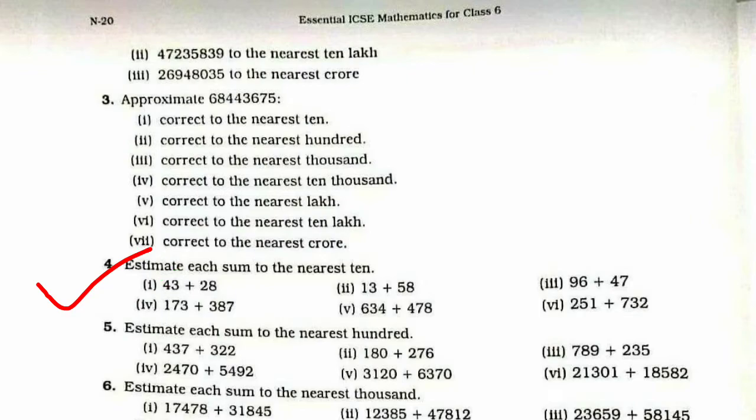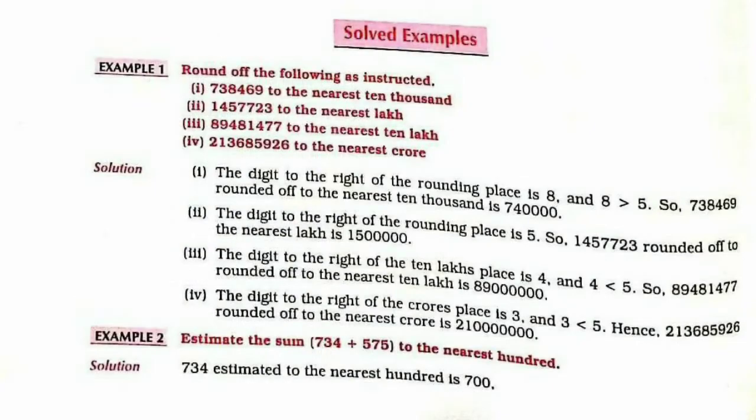In this example number 2, estimate the sum 734 plus 575 to the nearest 100. For solving these type of questions, let us see what we will do. First, we will try to round off the first number which is given in the bracket, that is 734. Estimated to the nearest 100 is 700.